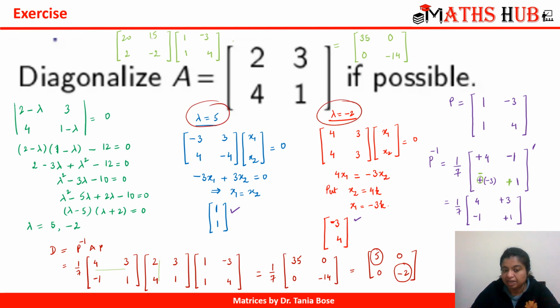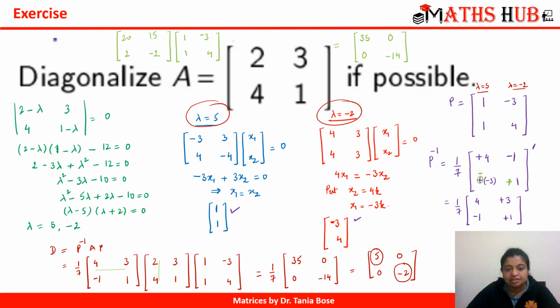So we had lambda equal to 5 and lambda equal to minus 2. This was the eigenvector corresponding to lambda equal to 5, and this was the eigenvector corresponding to lambda equal to minus 2. So the way you have placed the modal matrix, in the same position you will find the eigenvalues. So this becomes your diagonalized matrix.